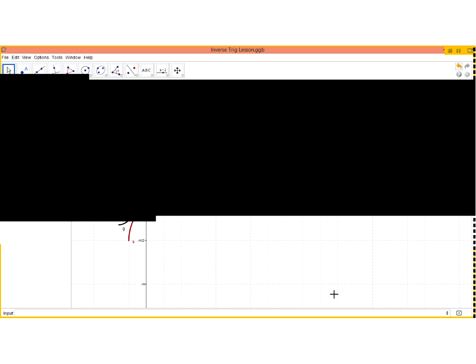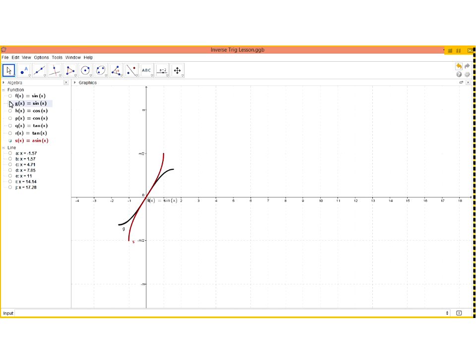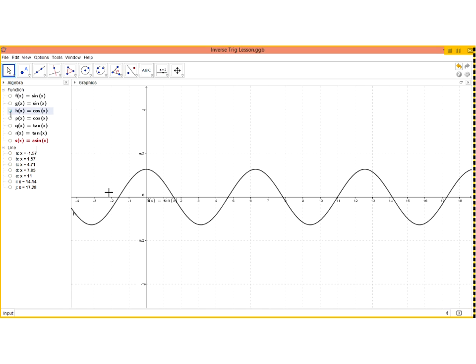So let's talk about the other trig functions. We're not going to do them all today. We're just going to do sine, cosine, and tangent. So here's cosine, and I have the same problem. I want to get one period, the range one time.